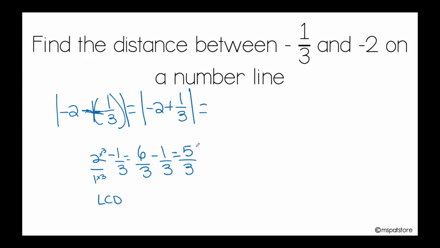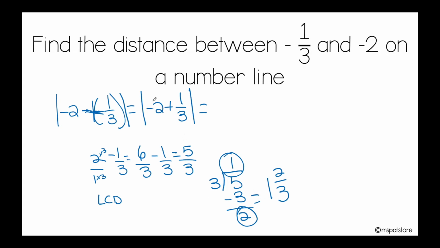But you have an improper fraction, so you need to change it to a mixed number by dividing them. 5 divided by 3. 3 only fits one time into 5, so 3 times 1 is equal to 3, and 5 minus 3 equals 2. The whole number is going to be 1, the numerator is going to be 2, and the denominator stays the same.